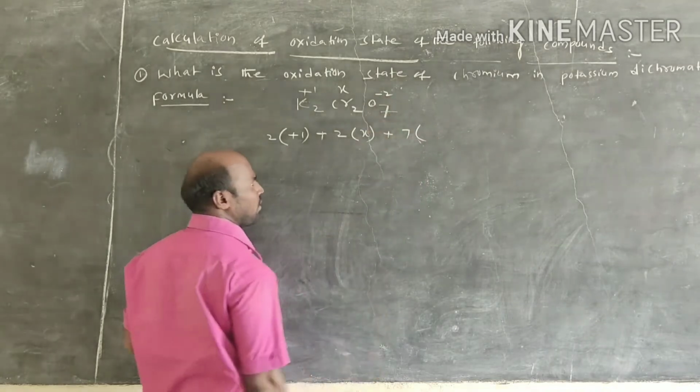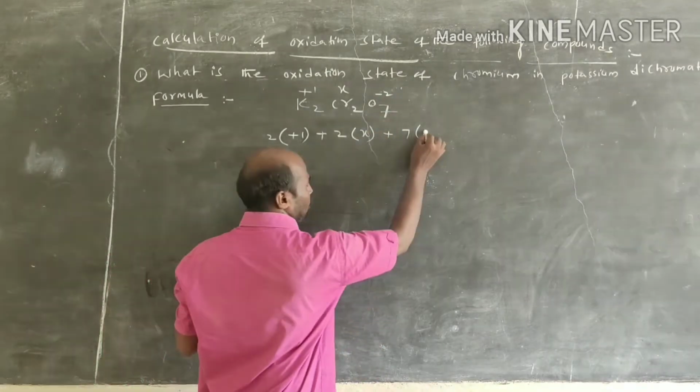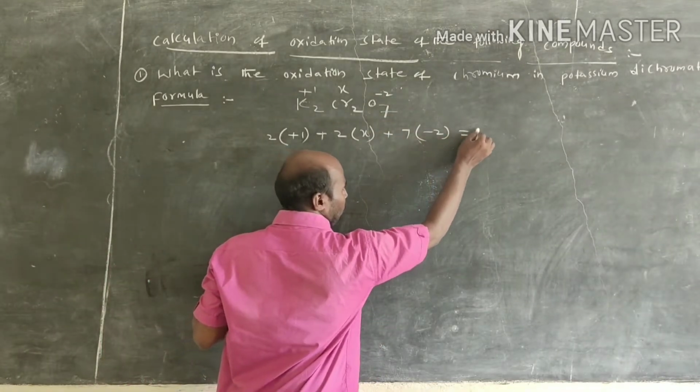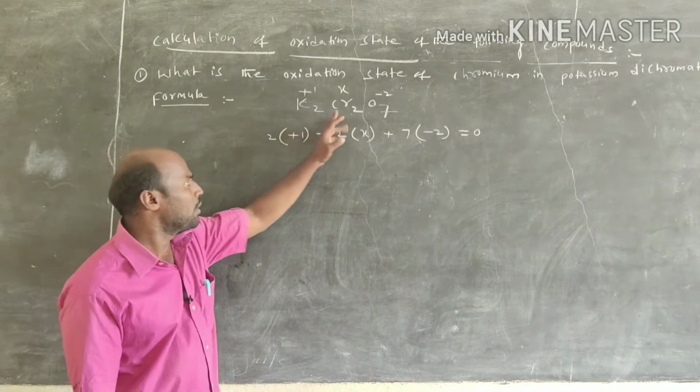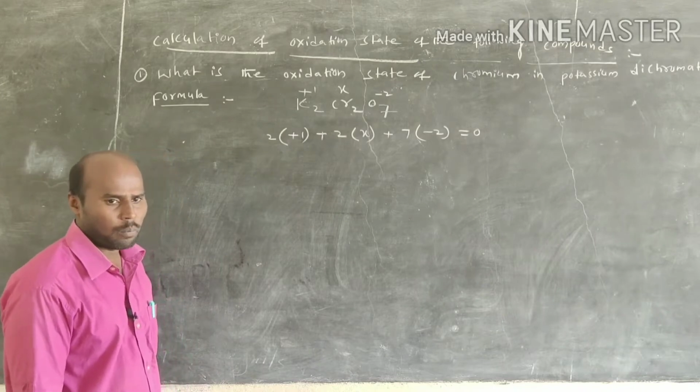What is the charge of oxygen? -2. The sum is equal to 0. The oxidation state of all the elements is equal to 0 for neutral compounds.